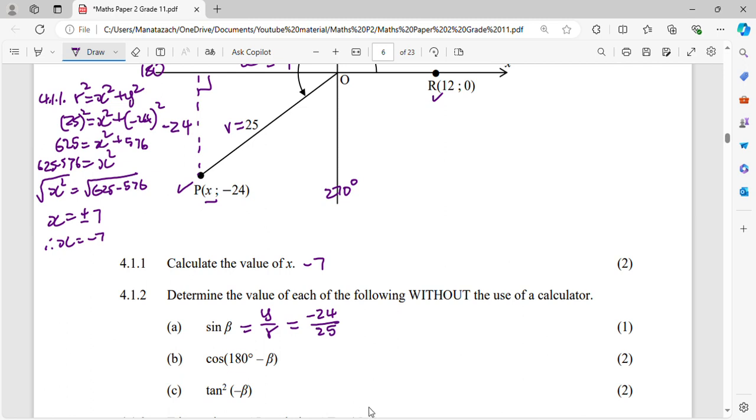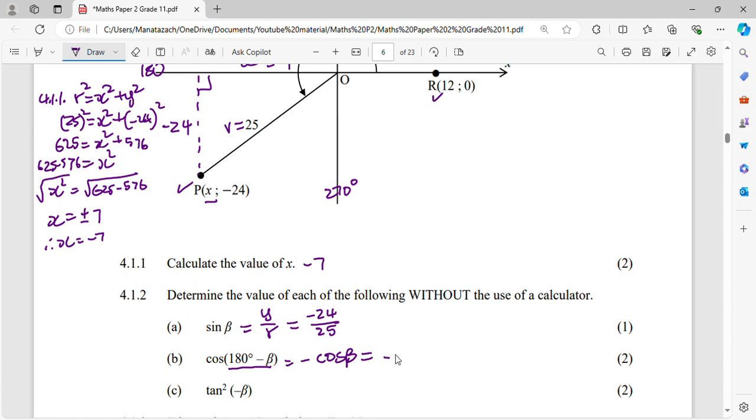Then question B, cos of 180 minus beta. So first of all, let's simplify this. Cos of 180 minus beta falls on the second quadrant. On the second quadrant, cos is negative, so we're going to simplify it to minus cos beta.